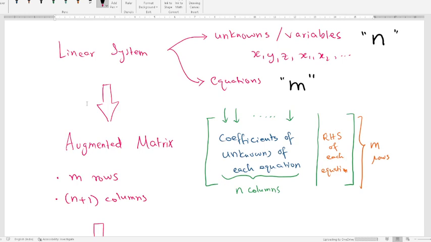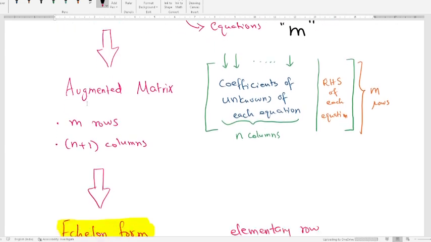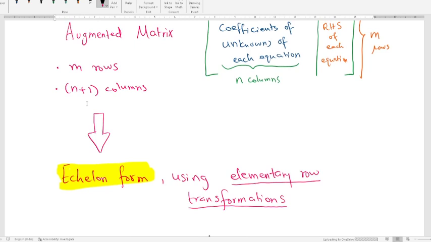The last column after that vertical line contains the RHS values of each equation. And then we were converting this into an echelon form using elementary row transformations, which was allowing us to understand how many solutions there are. Is there a solution at all, or if there is, are there infinitely many solutions, or is there just one solution?